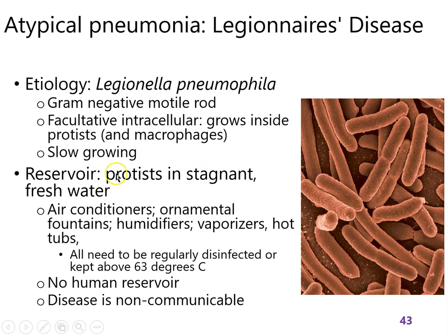It will grow in protists that are living in stagnant fresh water, and stagnant fresh water can be found in building water systems and anywhere else where fresh water just sits. So yeah, if your hot tub doesn't get turned on once in a while, these bacteria can accumulate there.